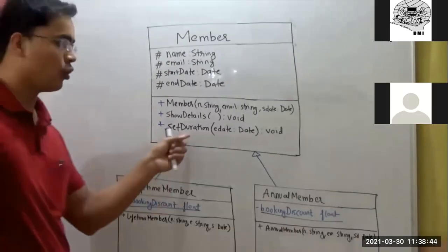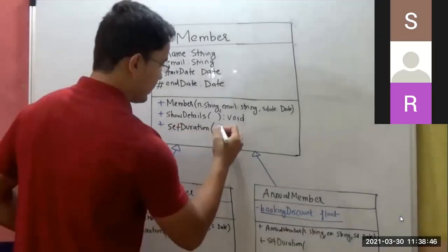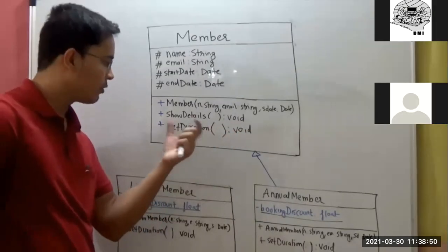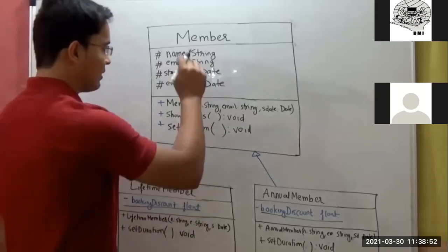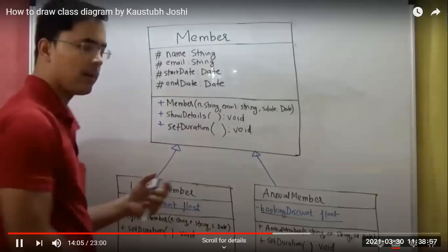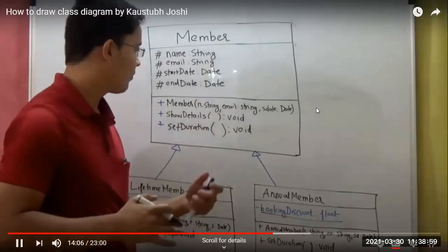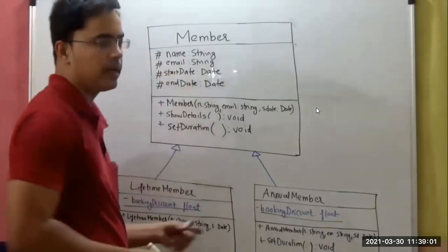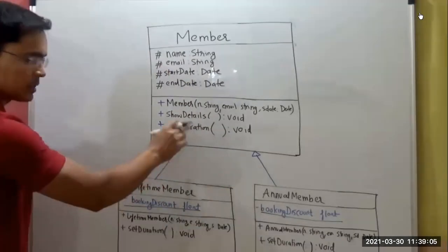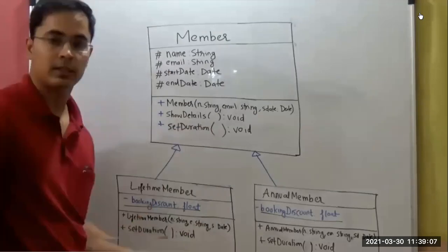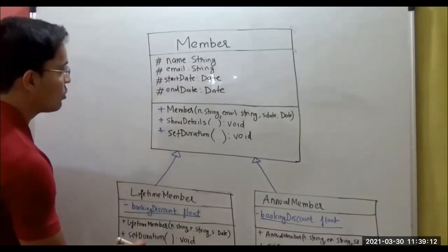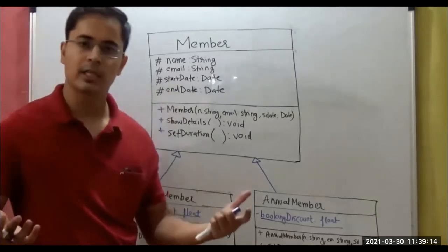Now, as I said, we need to override the set duration method. Set duration doesn't require any parameter. And now we have this set duration method, which will set the end date based on your start date. In the normal member class, for our normal membership, the start date and end date will be the same date, whereas we will override this behavior in our lifetime member child class, and we'll say in set duration, end date equals start date plus some 60 years.